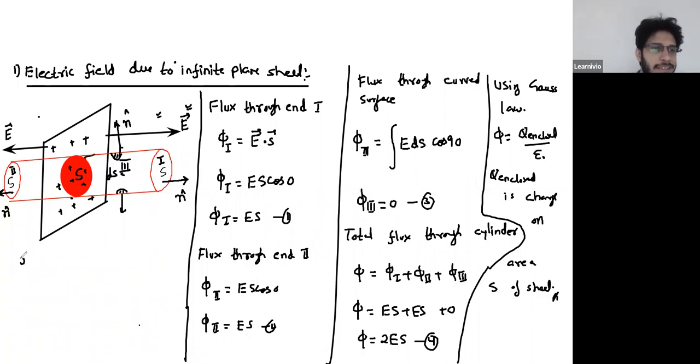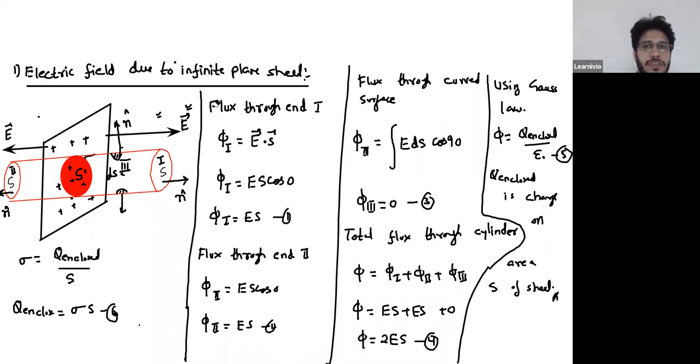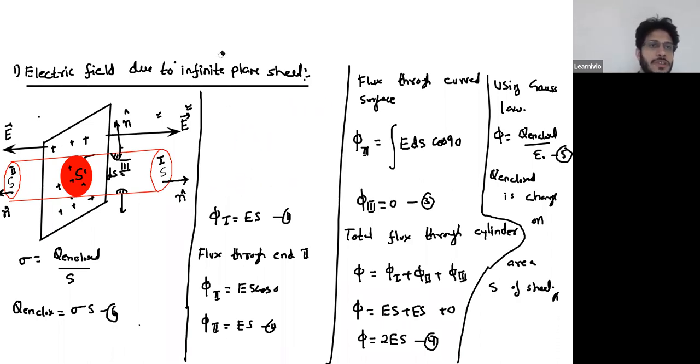So here you can write sigma is charge upon area. So sigma is simply Q enclosed divided by area. You can write Q enclosed as sigma S. If I say that this is equation number 5 and this is equation number 6, then we can simply substitute 6 in 5.